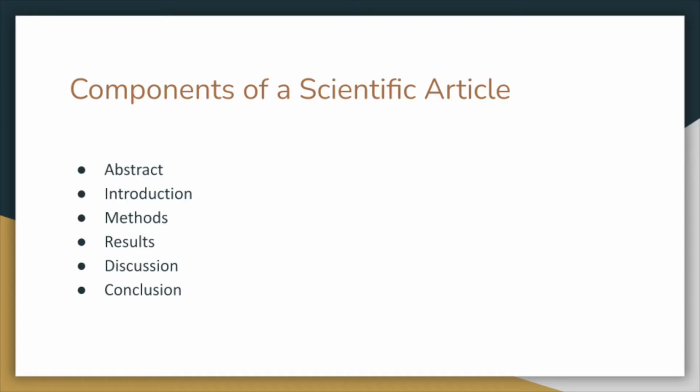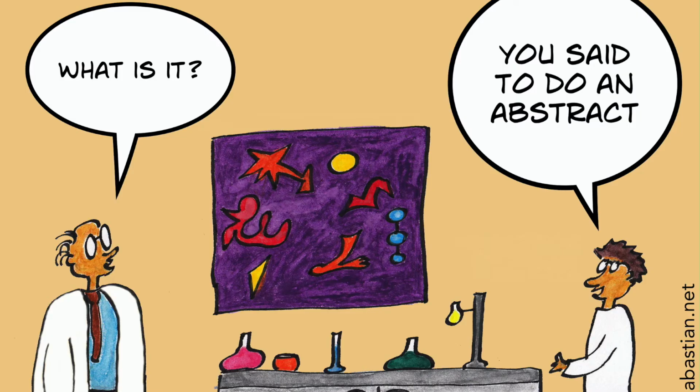The scientific paper includes the abstract, the introduction, a methods section, the results, discussion section, and the conclusion. The abstract, in this case, does not refer to a style of painting.